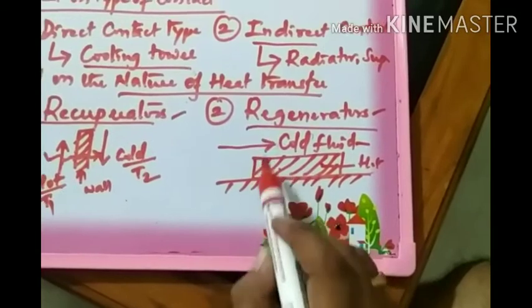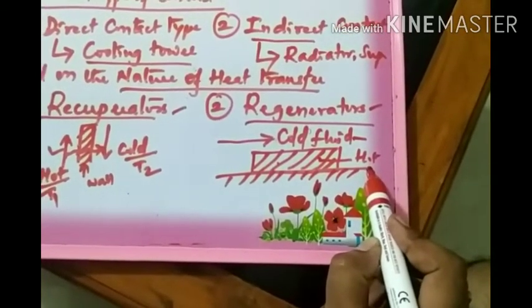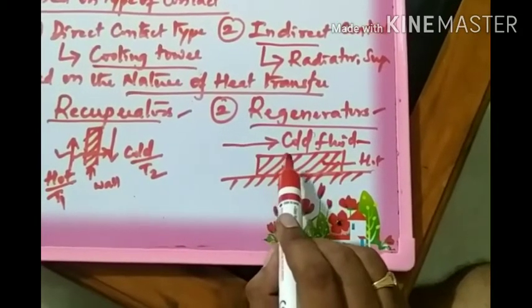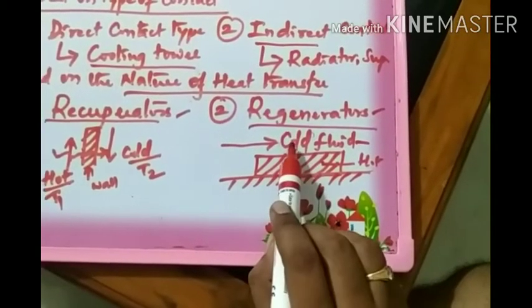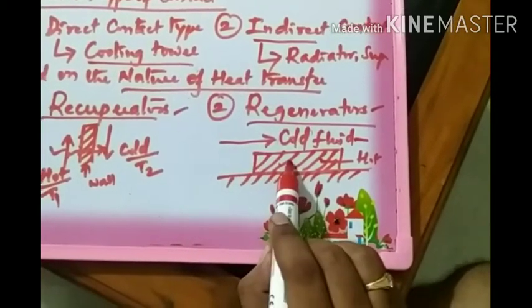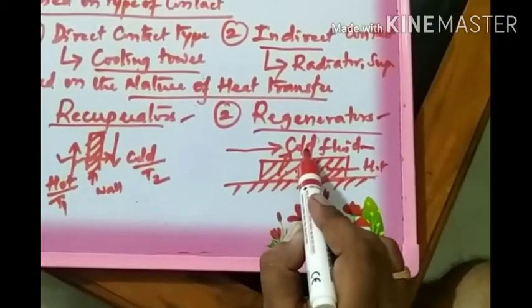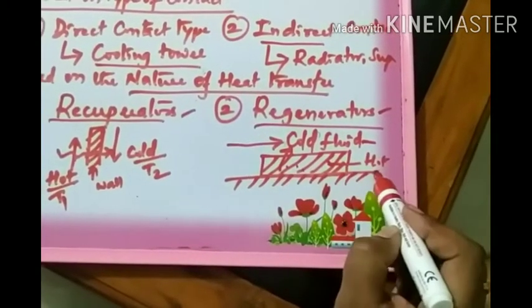So now again you can see there is a matrix, but it is now acting as a hot surface. Whenever there is contact between a hot surface and a cold fluid, exchange of energy occurs. So now the hot surface loses the energy to the cold fluid, thereby the fluid becomes hot and the surface gets cooled.